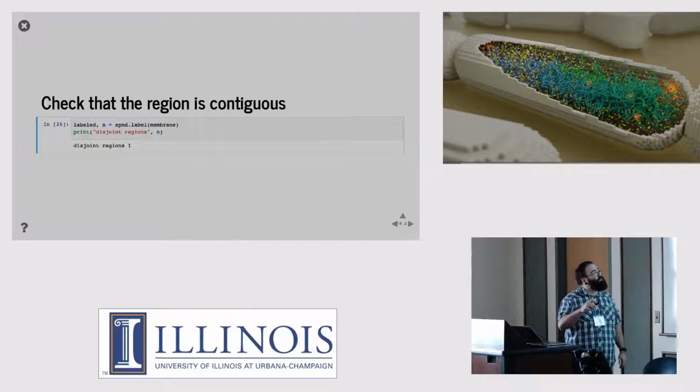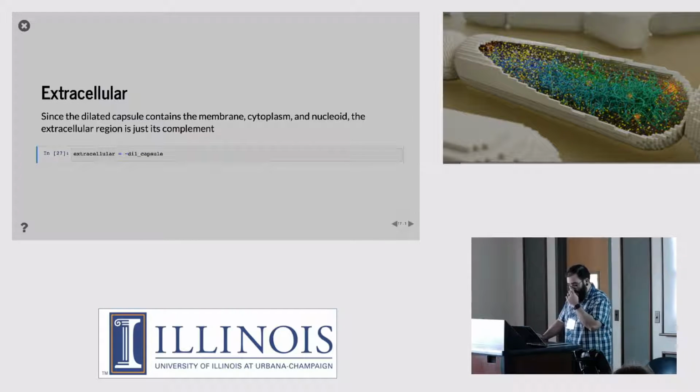We do the label function, and it is the number of labels, and we get 1. So everything's good here. The extracellular region is going to be everywhere the membrane, the cytoplasm, and the nucleoid aren't. Since the dilated capsule includes the membrane in it, we'll just take the complement of the dilated capsule, and that gives us the extracellular region.